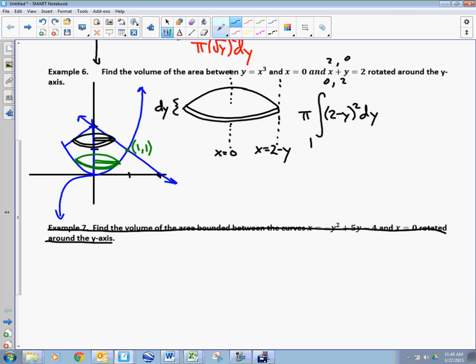And the upper bound will be 2. Pi times the integral from 1 to 2 of 4 minus 4y plus y squared dy.